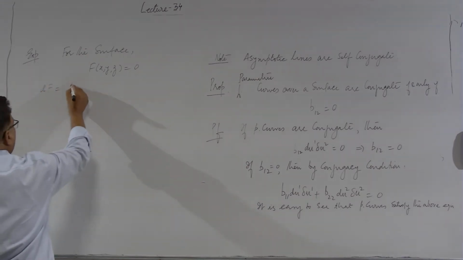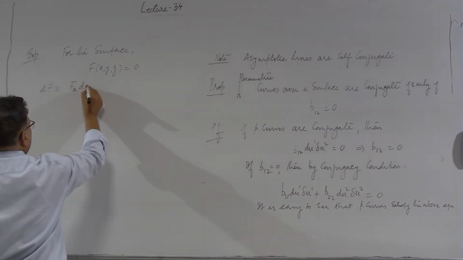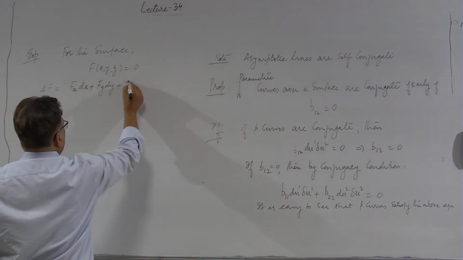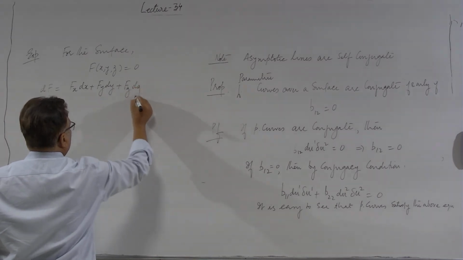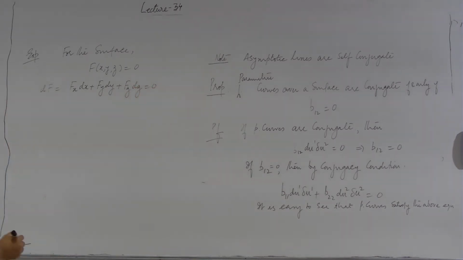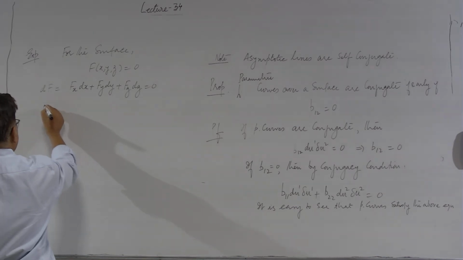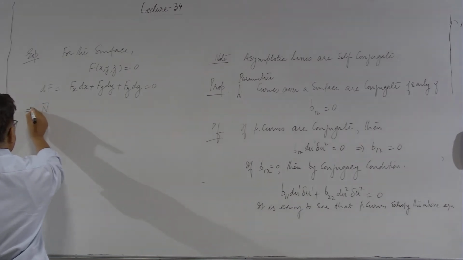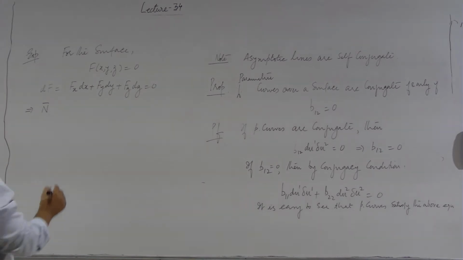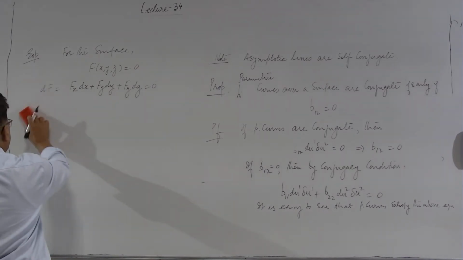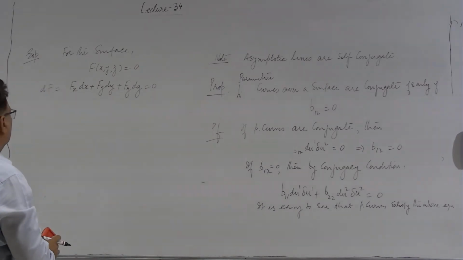The differential of f is written as f_x dx plus f_y dy plus f_z dz equal to 0. Okay, and from here you can see the normal n; this differential is in fact the tangent plane. Okay, tangent I will discuss later on.